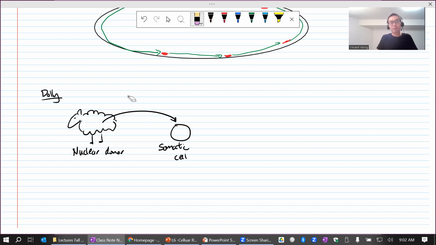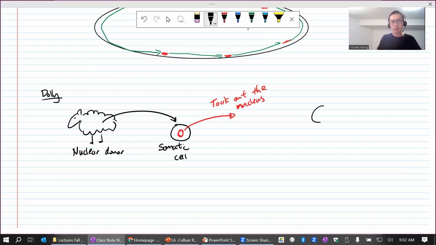They take a bodily cell, something that's not sperm or egg, and then what they did is they extracted the nucleus. They took out the nucleus. All right. So that's sheep number 1.